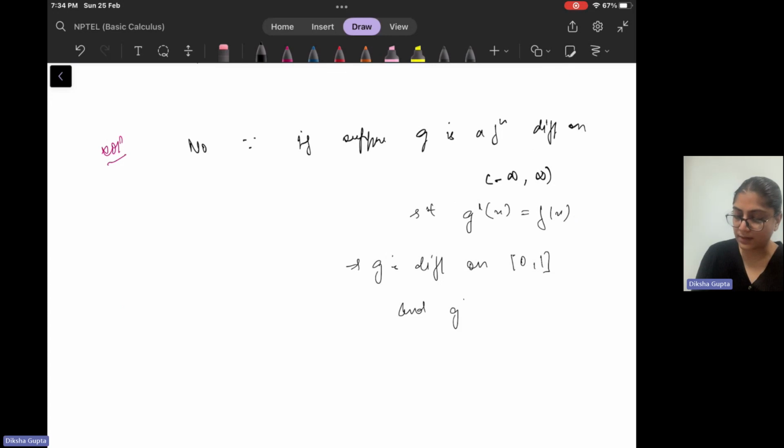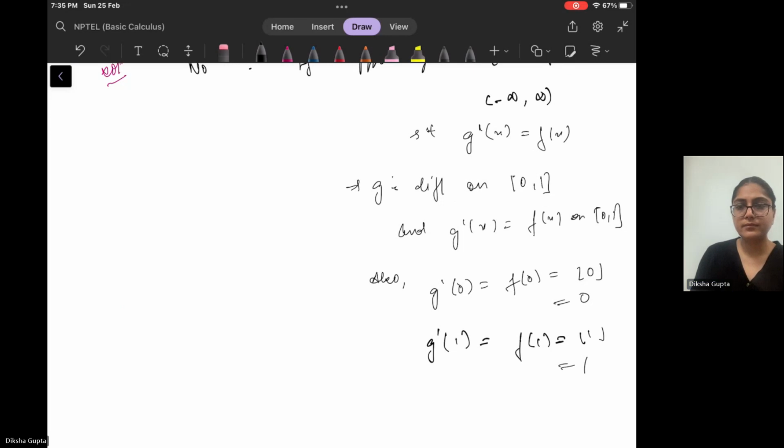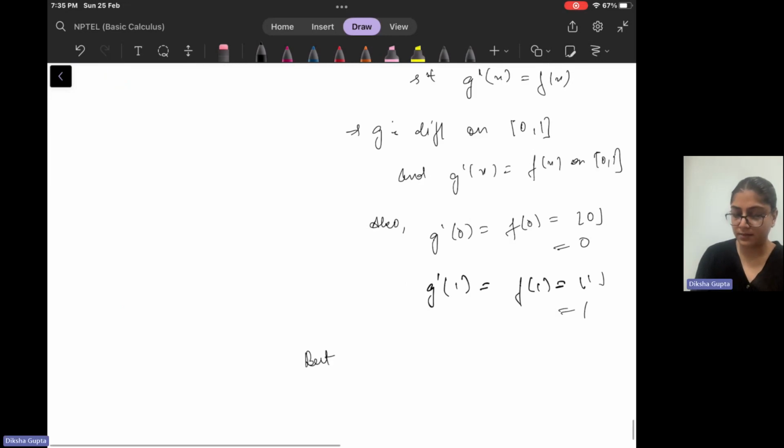And g dash x is f of x on 0 comma 1. Also g dash 0 is f of 0, which is floor of 0, which is 0, and g dash 1 is f of 1, floor of 1, which is 1.